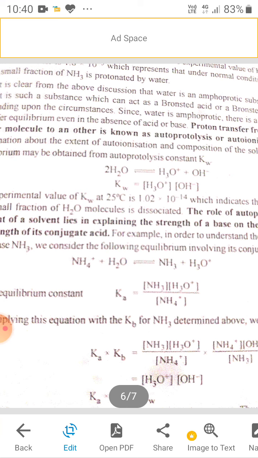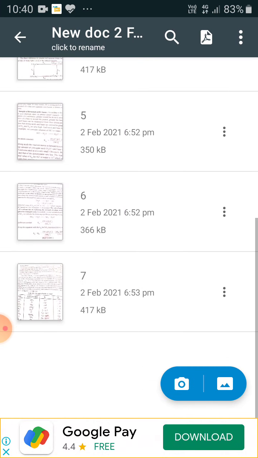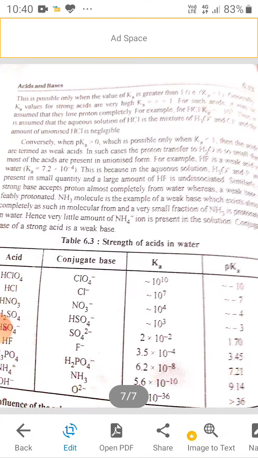Strong and weak acids and bases. The strength of strong and weak acids and bases depends on their capacity of giving hydrogen ions in water, and for bases, the capacity of accepting hydrogen ions in water.